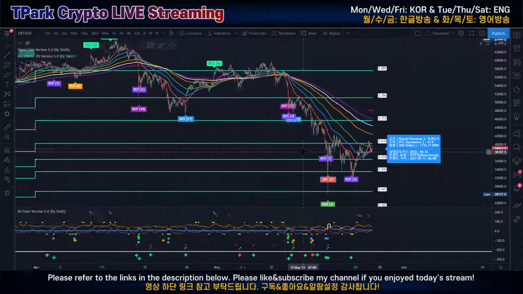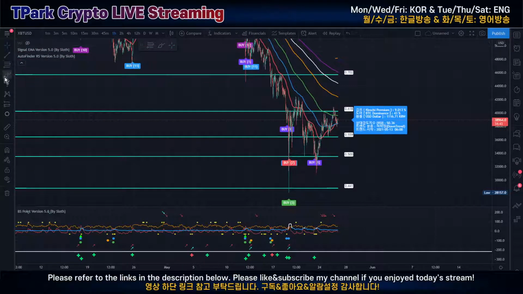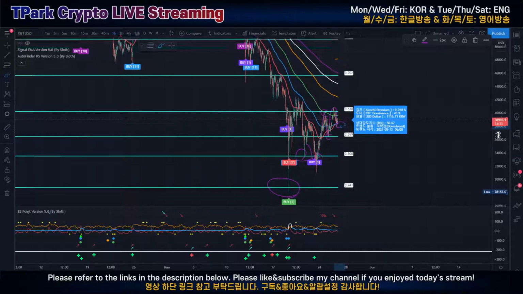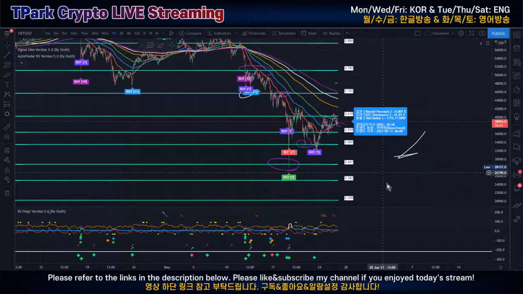So you are able to see that these lines will get supported and resisted quite often, right? If it breaks, it gets supported again. Resisted, resisted, supported, resisted, and so on. Okay, so you are able to see this one.